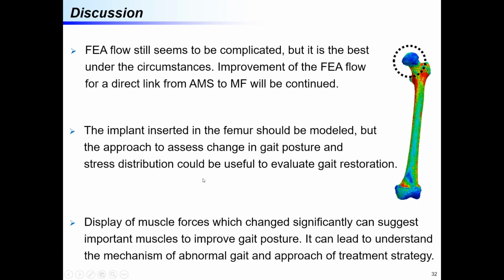Actually, the implant inserted in the femur should be modeled, but the approach to assess changing gait posture and stress distribution could be useful to evaluate gait restoration. And display of muscle forces which changed significantly can suggest important muscles to improve gait posture. It can lead to understand the mechanism of abnormal gait and approach of treatment strategy.